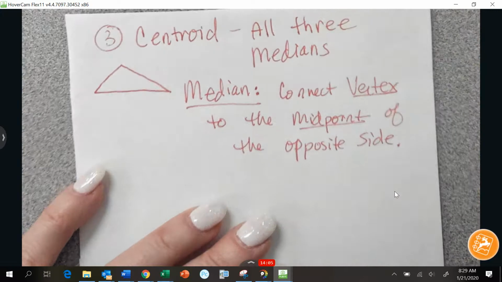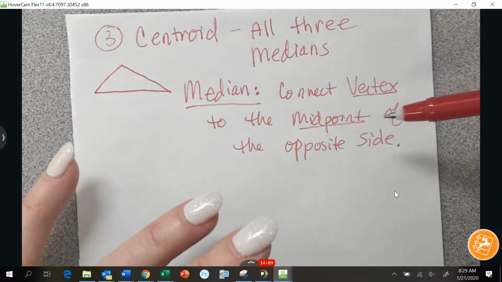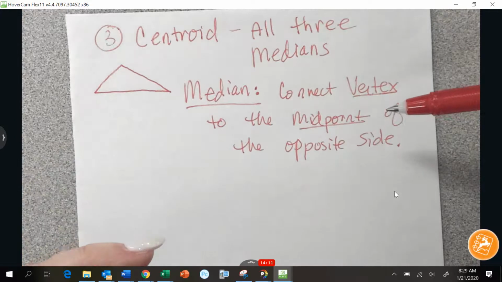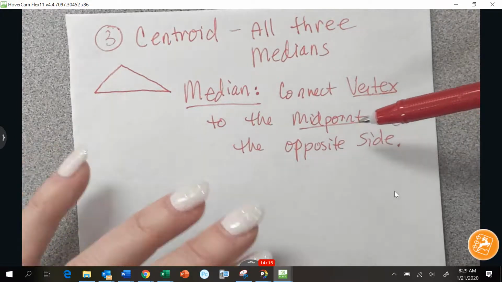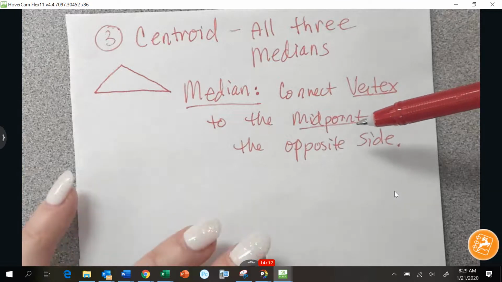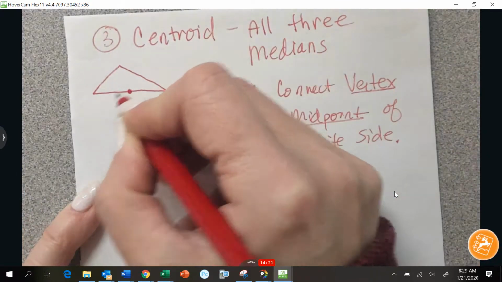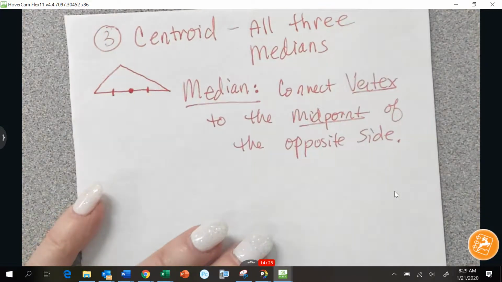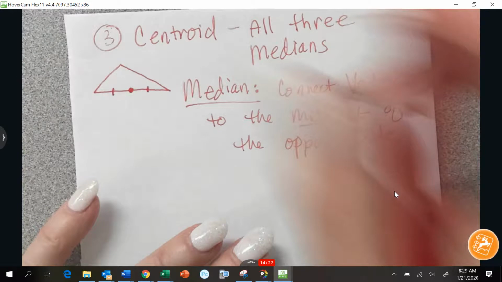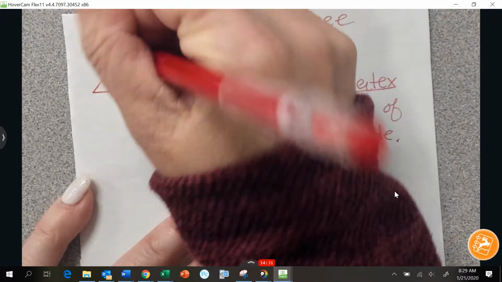Okay, so to help me remember, centroid does sound like middle, center, centroid, and this is the medians. Median does sound like middle, so I'm thinking midpoint. I know it's the midpoint because it's marked. We connect to the vertex, so we're connecting both vertex and midpoint in this one.